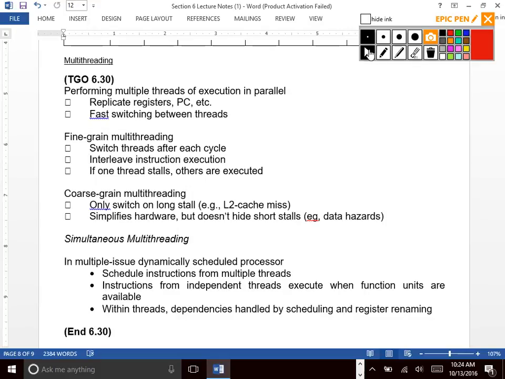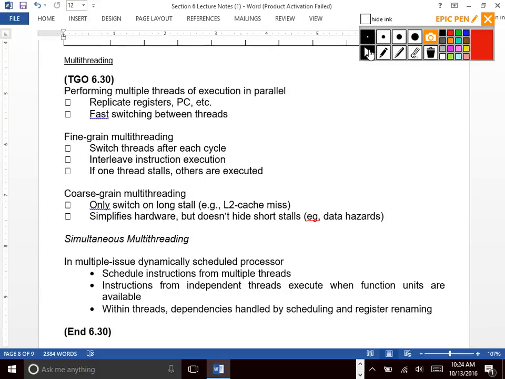If one thread stalls, meaning we have some sort of stall, for instance the compiler has issued a bad opcode or an arithmetic overflow, then others are being executed. So we're taking advantage of a stall by executing other instructions while we're waiting on it.